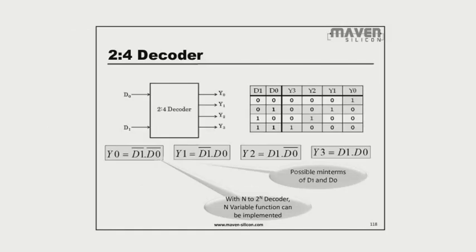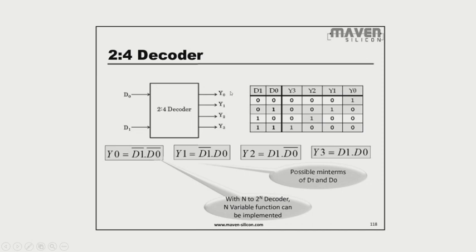Here I have shown an example of a 2 to 4 decoder circuit. In this decoder circuit, as I have taken active high outputs, it will produce all the possible minterms of the input variables d0 and d1.